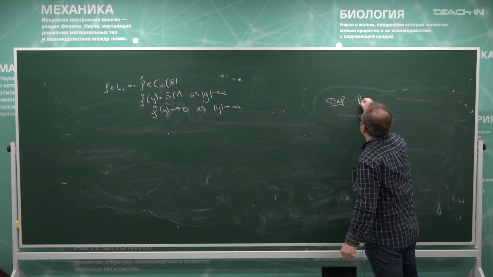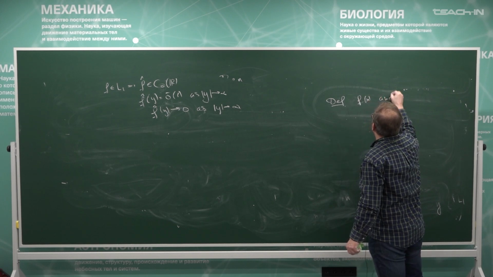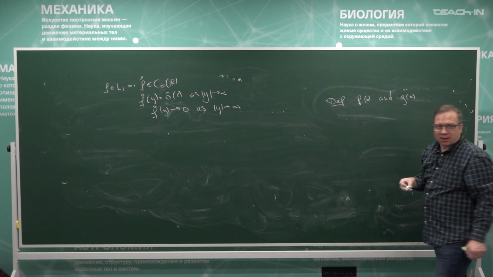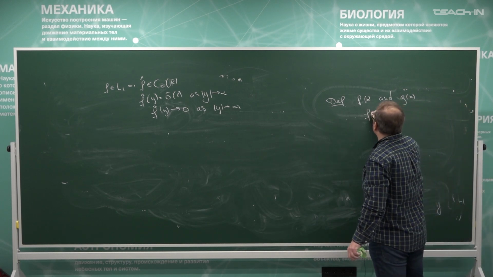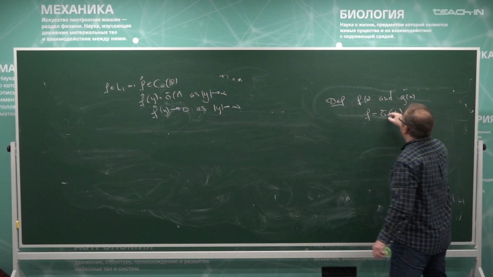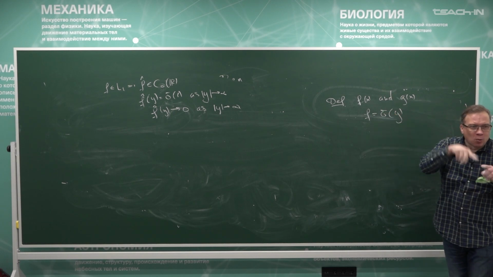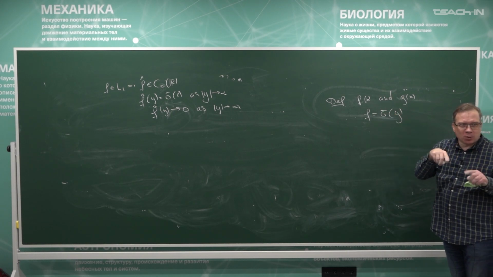Two functions, f(x) and g(x). You say that f equals O small of g, you want to show that it is O small, not capital.